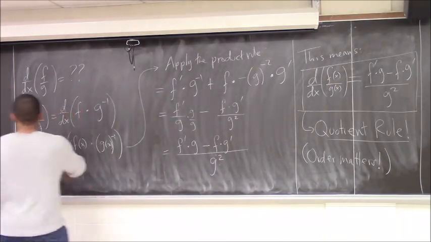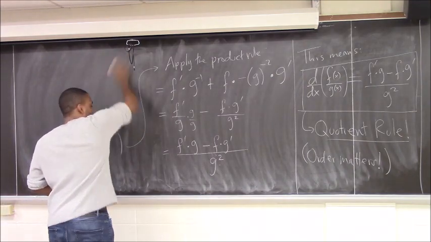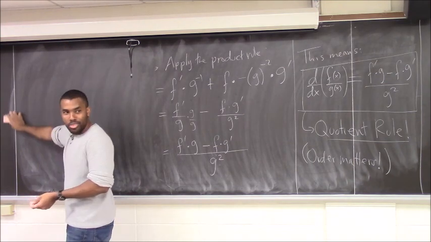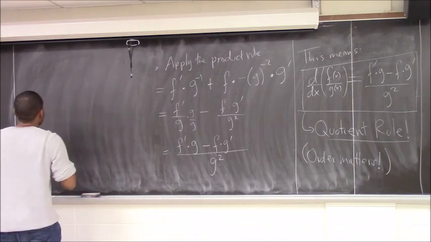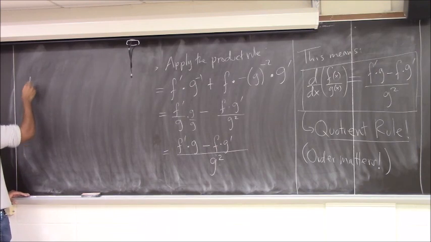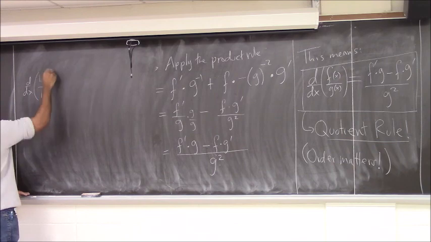A common one that I hear students say all the time is low D high minus high D low over low squared. Anyone ever heard of that? Yeah, so there's that one. So that's where you think of it as the high and the low.